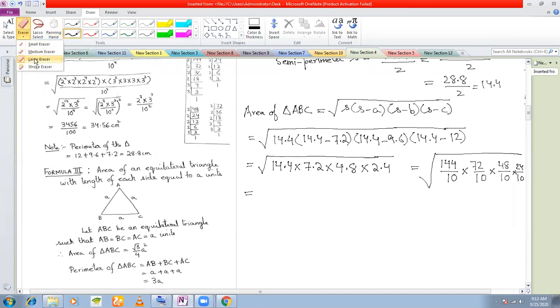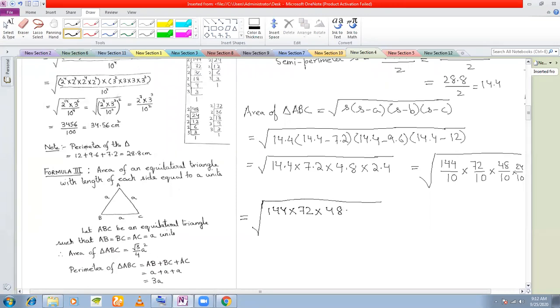So what you get here is the root of, if you multiply all this together, 144 into 72 into 48 into 24 divided by 1 and then 4 zeros.